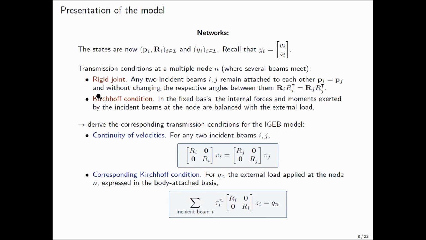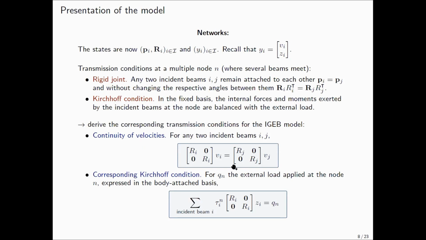And also, this is a classical condition. We assume a Kirchhoff condition, that the internal forces and moments which are exerted by the beams incident to the node are balanced with the external load at this node. So this is in terms of positions and rotations, but you can also translate that in terms of the velocities and internal forces and moments for the IJEP model.